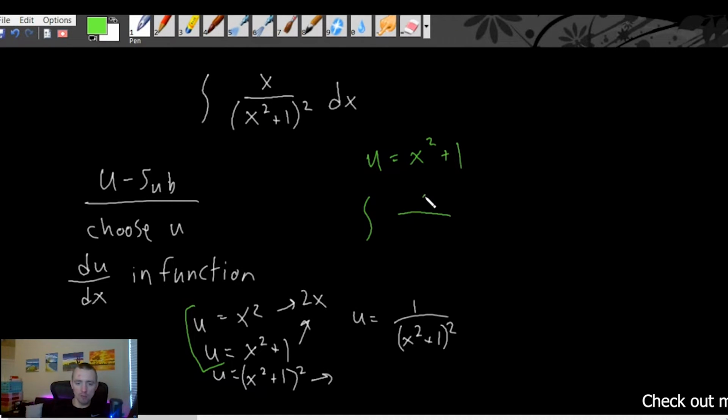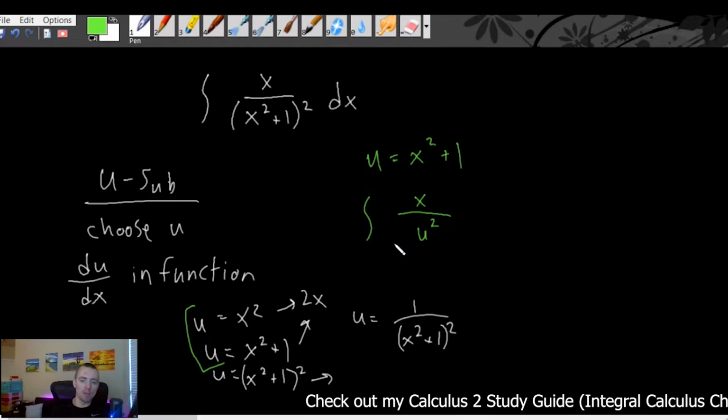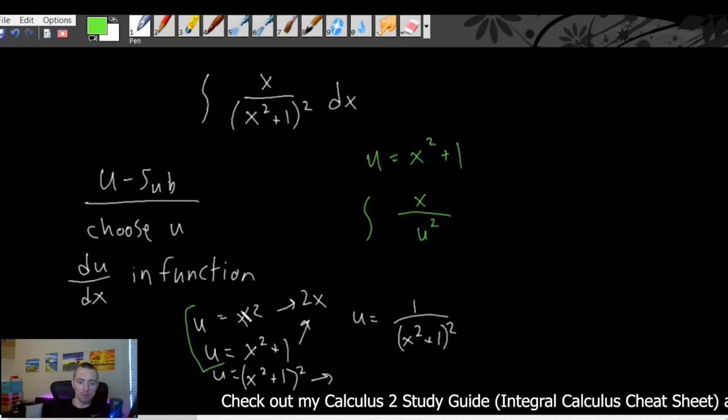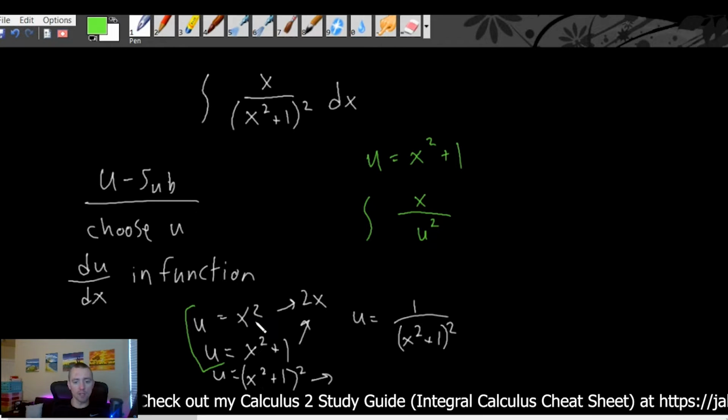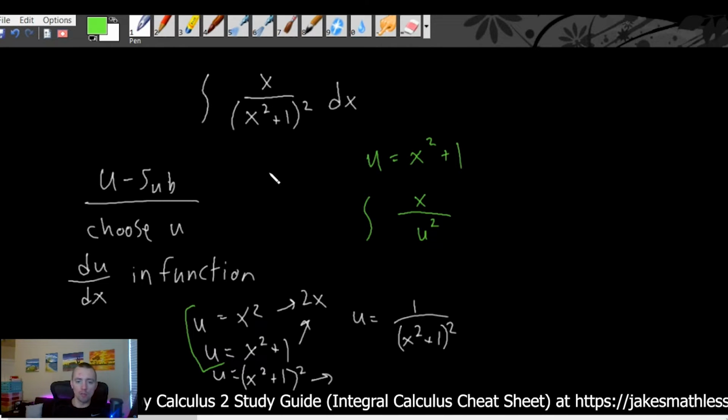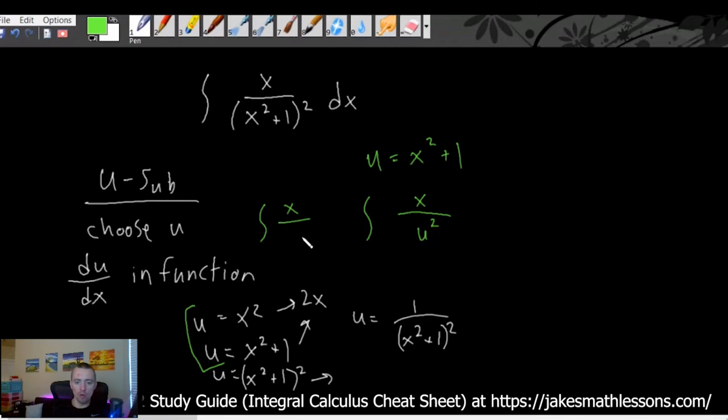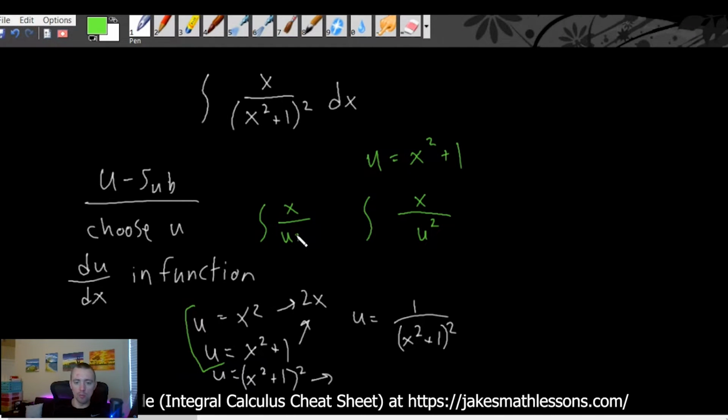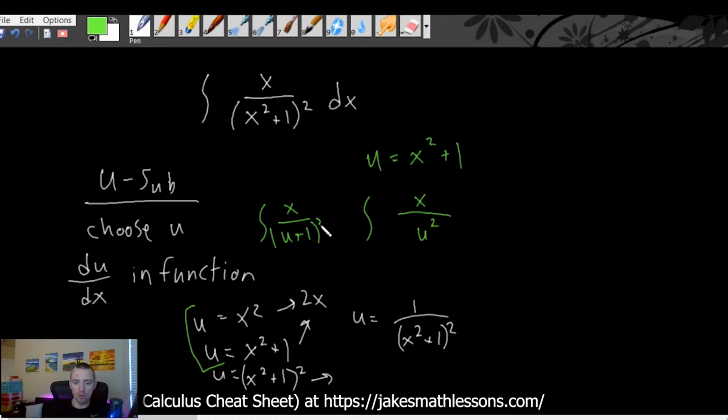So we're still going to have our x here, and now we're going to have u squared on the denominator, which is quite a bit more simple than if we were to use this other option for u, u equals x squared. We would end up with the integral of x over u plus 1 all squared, which, depending on what we had on our numerator, maybe that would be better, but generally the more stuff you can substitute out, the better off you're going to be.